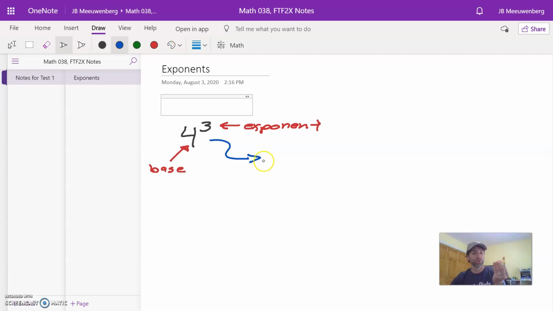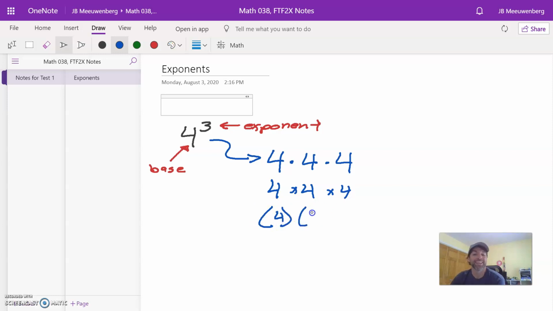So we say this, 4 to the third power. It's another way to state the exponent as a power. 4 to the third power means 4 times 4 times 4. And we also know we can write multiplication as 4 times 4 times 4, or we could even put it in parentheses. So look at these, more notations, all different ways to write the same thing.